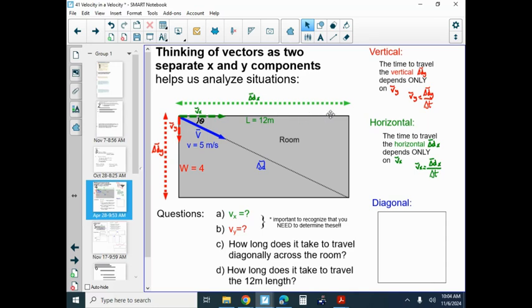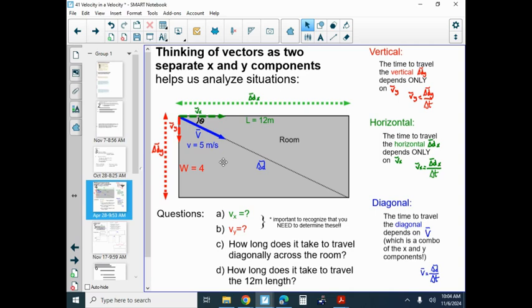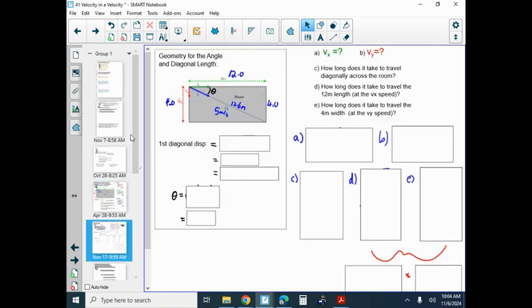The horizontal displacement, the time and the velocity related to each other are just the horizontal components. So how long it takes you to travel horizontally depends only on your horizontal velocity. And then the combined overall actual velocity vector, that actual resulting diagonal displacement, depends on that actual velocity vector. That's the moral of the story from all of this.